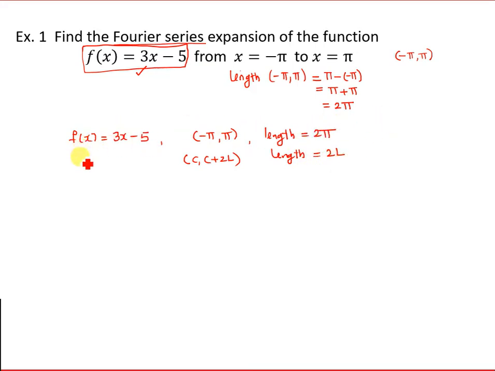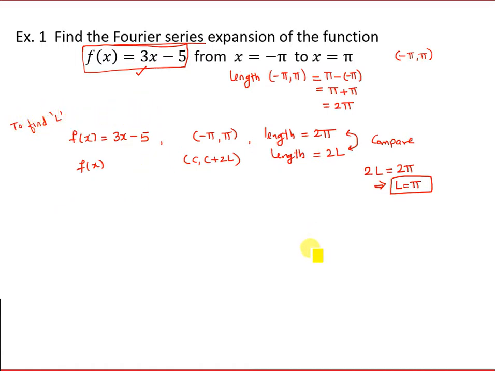So now as we are going to use this formula of the Fourier series, we compare these two. Compare means now we say that 2L is equal to 2 pi. When we simplify it, it is L equal to pi. And we get the value of L. So this is the calculation to find L.